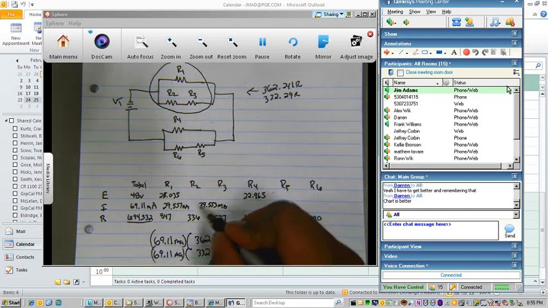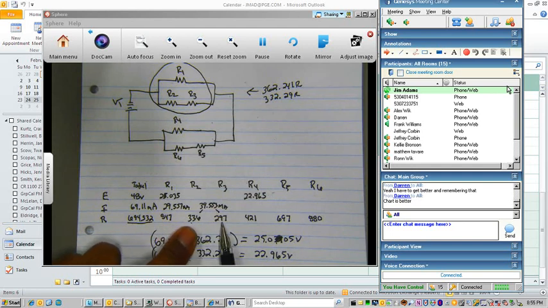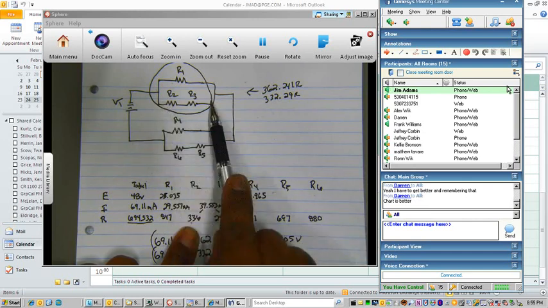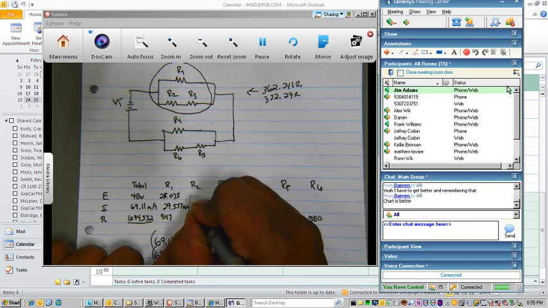Okay, I'm saying if we started out with a total current of 69 milliamps, and we've calculated that 29.557 went through R1, so how much went through R2 and R3? You got to subtract the 29.557 from the 69.11. Right. So that would be 39.553 milliamps for R3 and R2.